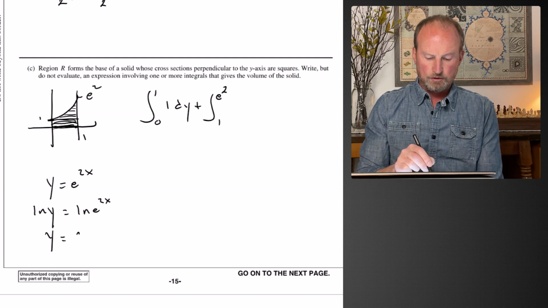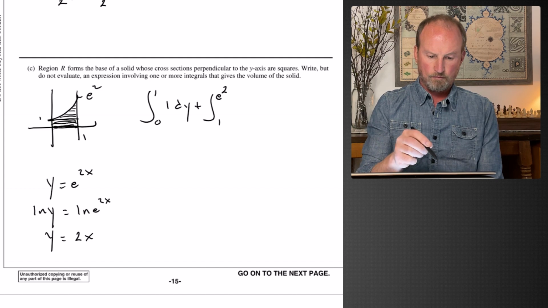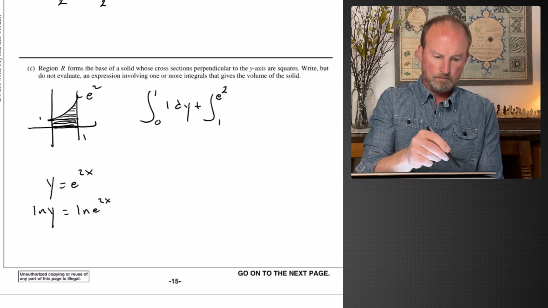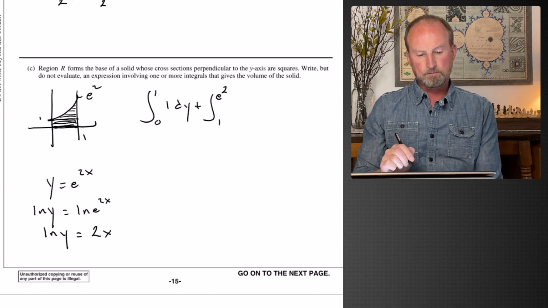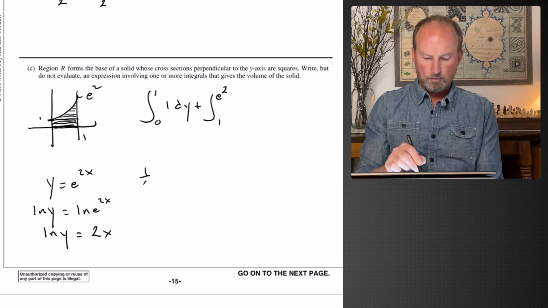And ln y, not y, ln y equals 2x. The 2x comes in front, ln of e is 1, and so I just get 2x. Okay, so then we have final equation, 1/2 ln y equals x.